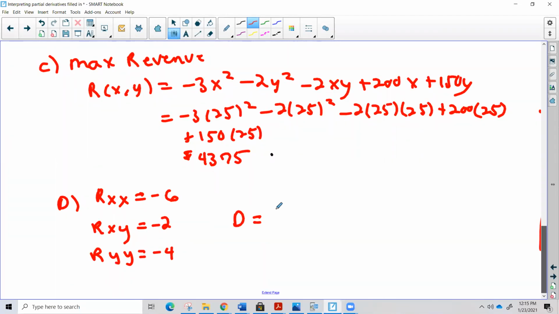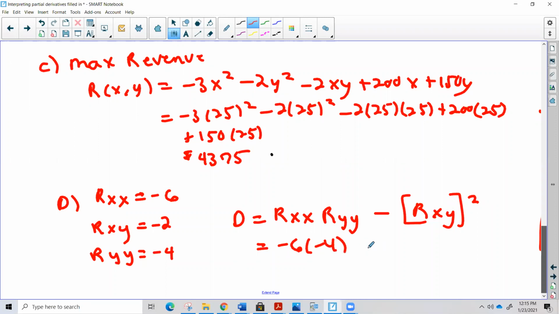So remember, D is this formula. Okay, again, it's at the critical point, but we only have that one critical point, and again, they're all constants, so it really doesn't matter. I don't have to plug them in. Okay, so we get negative 6 times negative 4 minus negative 2 squared.